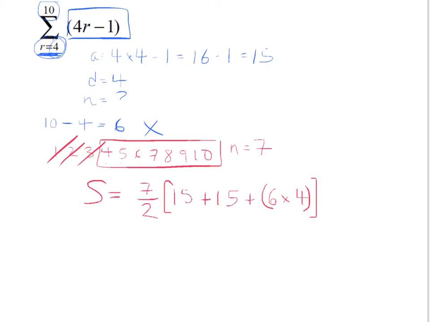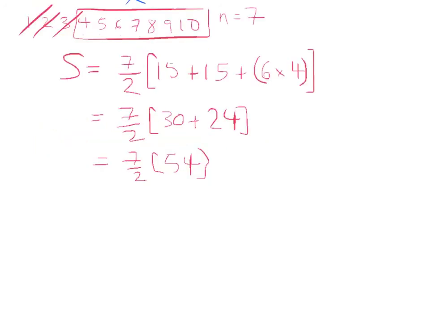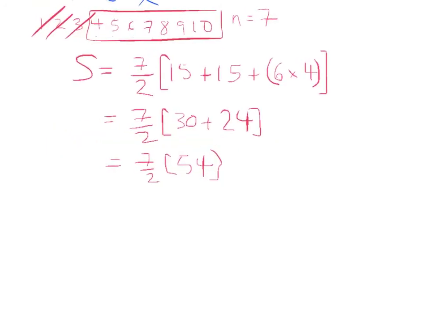I've substituted all the values in, so let's try and simplify this. We've got 7 over 2 times 30 plus 6 times 4, 24, which is 7 over 2 times 54. This is C1, so we don't have a calculator.